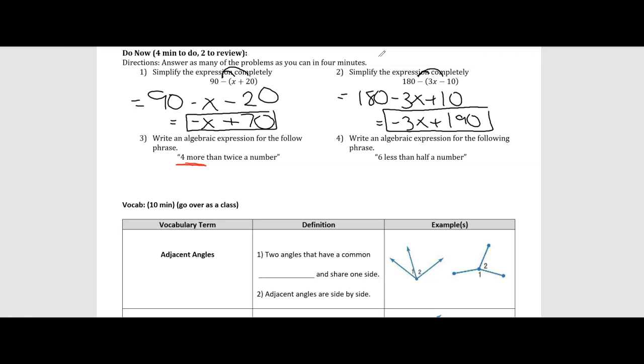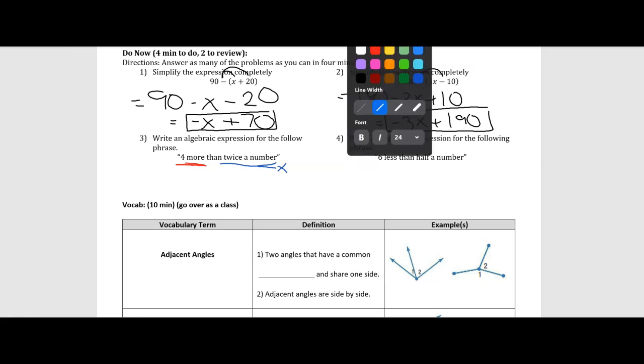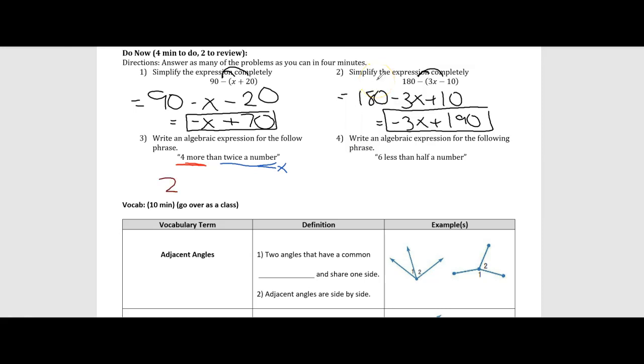We don't know what that number is, so we're going to call it x. You could call it c, you could call it w. You just need to have a variable. So 2 times a number, 2x, and we said 4 more than twice a number, so plus 4. 2x plus 4. If you had 4 plus 2x, that also is correct.